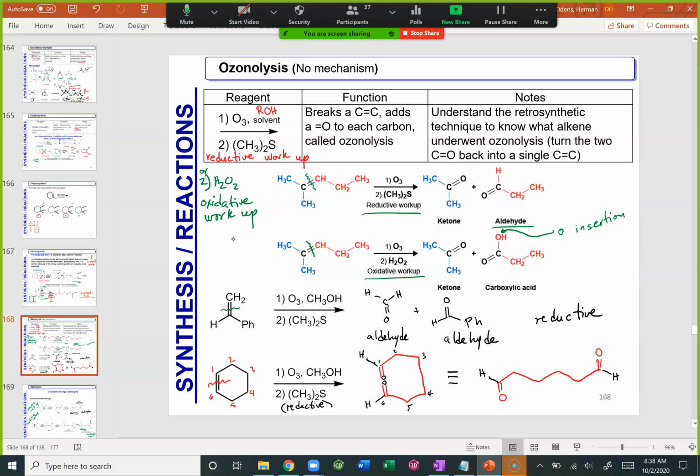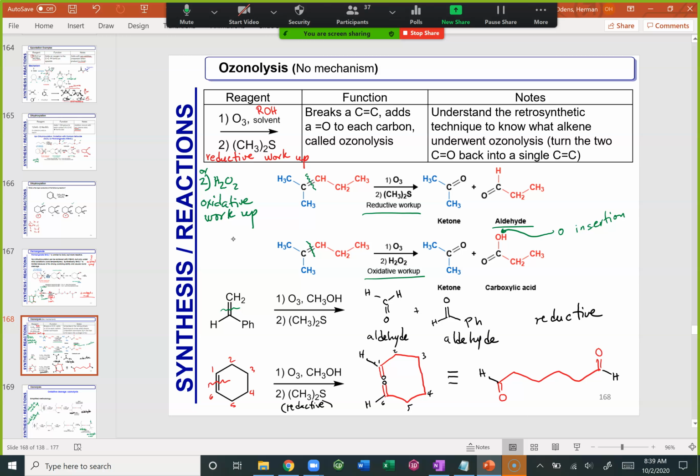I make the analogy of, if you have two fingers and you make a pistol with your fingers, now put the tips of your two fingers together, and imagine that's a double bond, and break your hands in half.